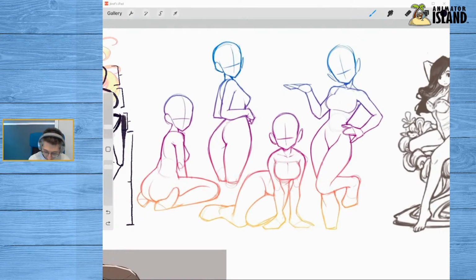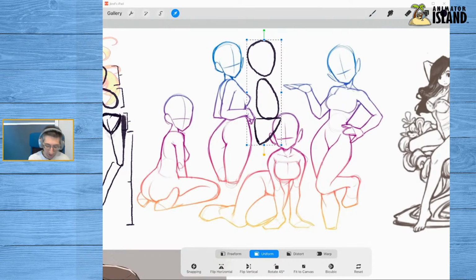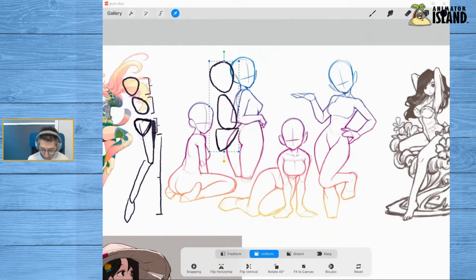So let's just talk about the proportions real quick. If we've got our head here and we've got our torso here and the hips are very high. So we've got our pelvis here, and that's not exactly correct, but it's close enough. These are the proportions of this particular character.